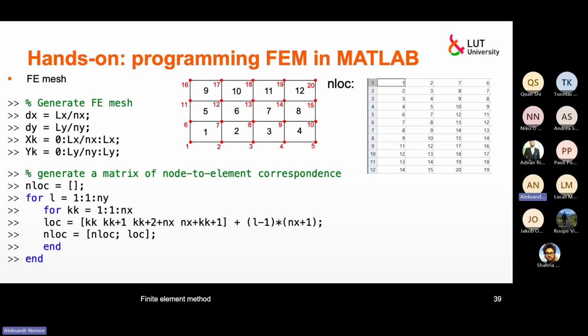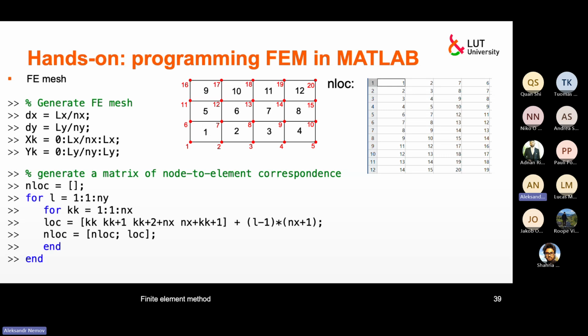Of course, we could have reserved proper space for it beforehand here, but it's not really essential for understanding the method. So of course you can make this code more computationally efficient. But in this case, I just add this row on each iteration.